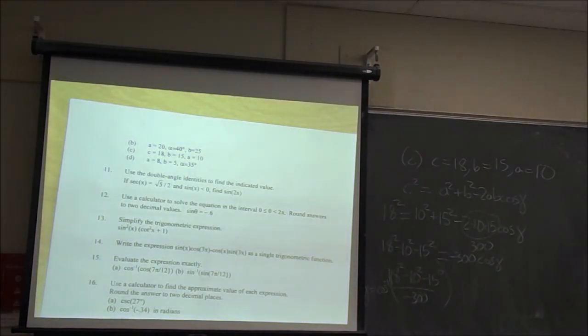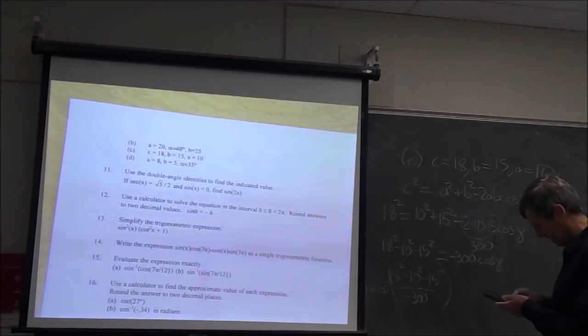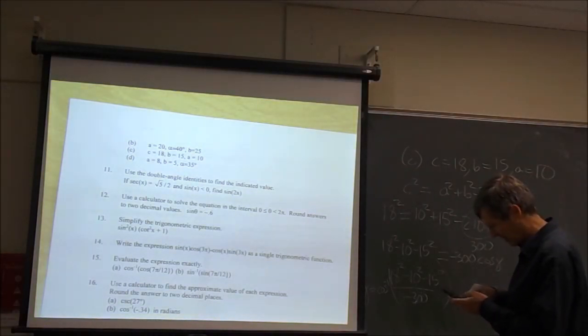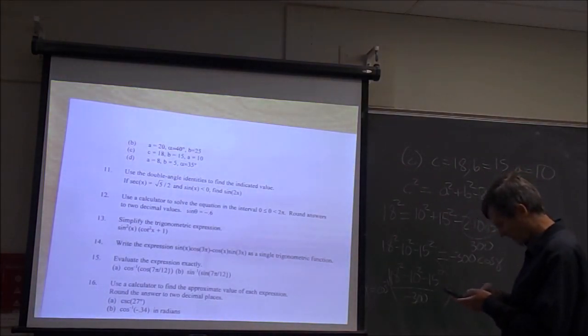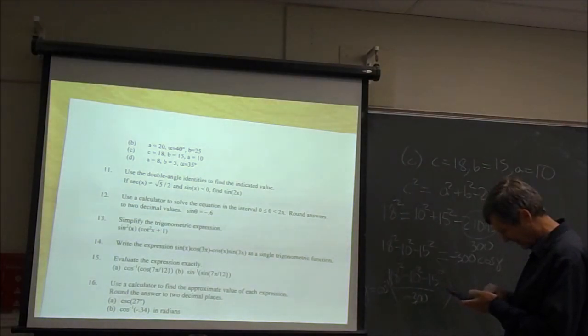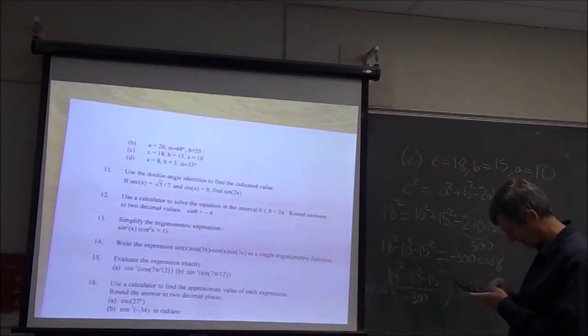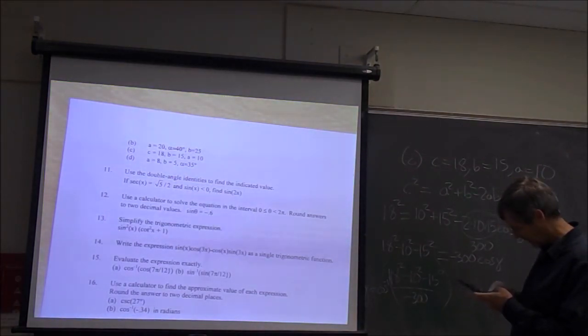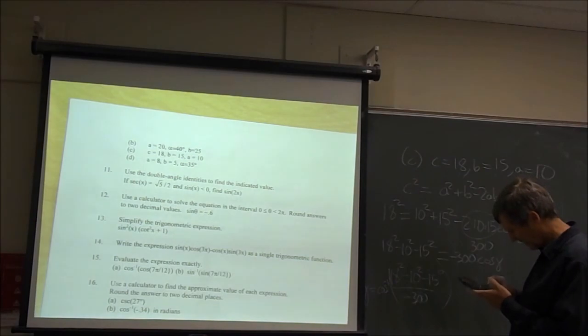So let's run this, and I'll try arc cosine of 18 squared minus 10 squared minus 15 squared divided by minus 300.